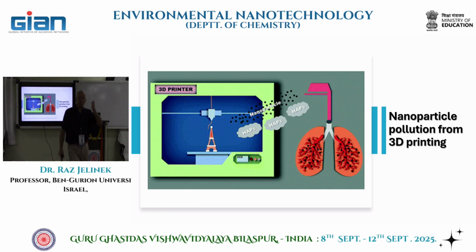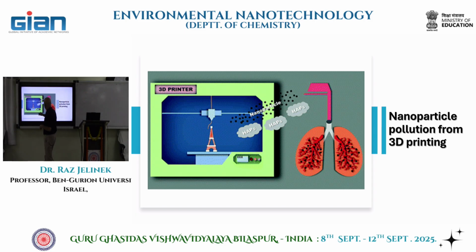Actually, nanoparticles in the air can come from car exhaust. They can come from industrial plants. They can come from waste. They can just come from dust if you step on the ground. Actually, in the modern world, there are other sources of nanoparticles in the air.